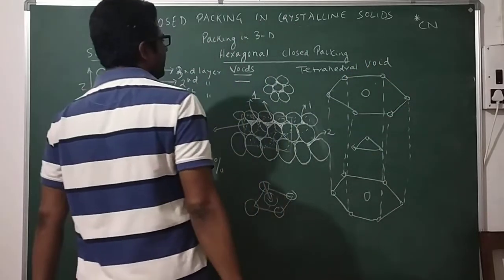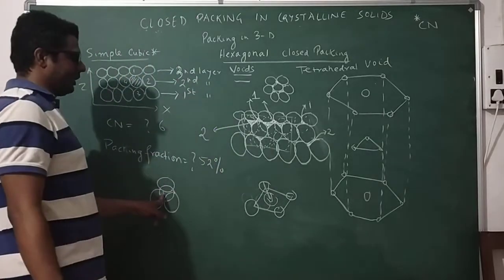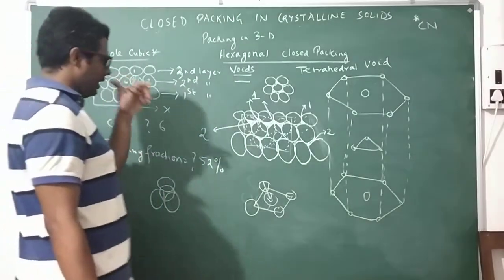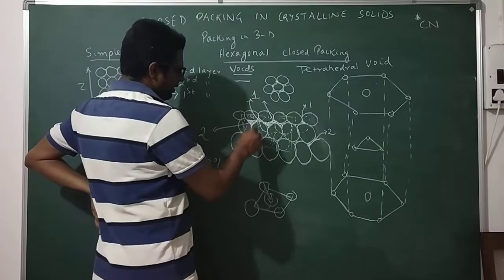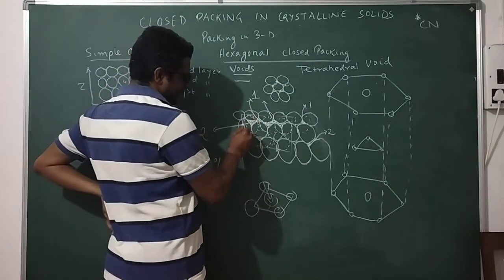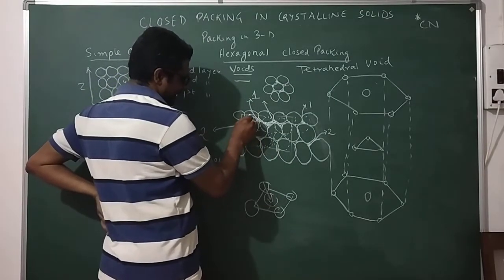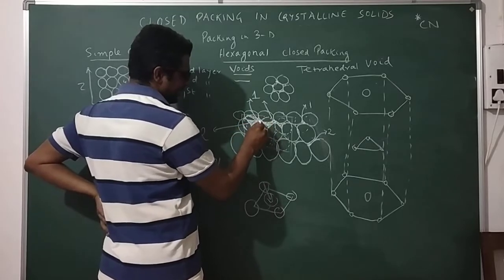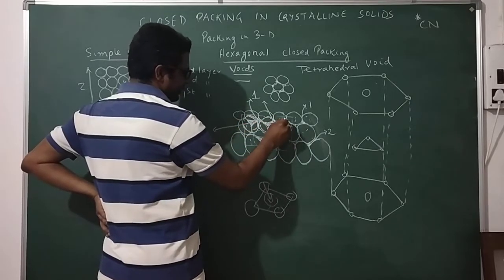Okay, because it is surrounded by 4 atoms. Now here if you see, I have drawn a second layer, correct? This is the second layer that I have drawn.